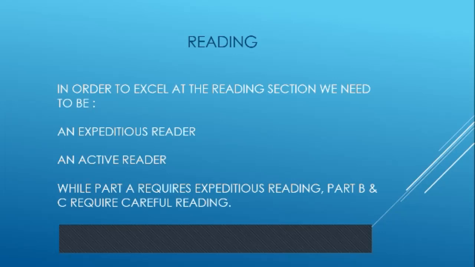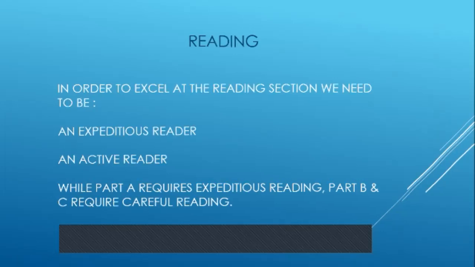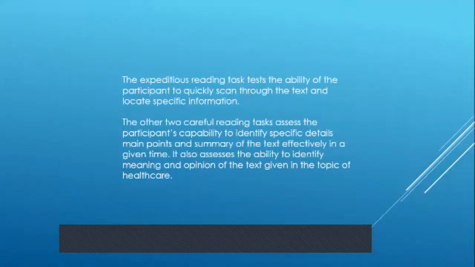So two different sections. One, you'll have to be an expeditious reader, and one you have to be an active reader. Now let's understand what exactly is an expeditious reader. Part A will have 20 questions. You can write it down if you want. I'm even recording this video.